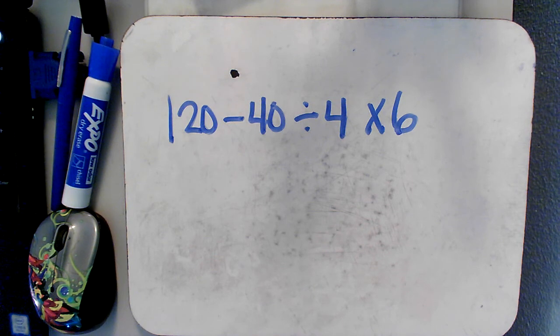Multiply or divide, first come, first served, left to right. So what would come first? Go to your fours and find 40.